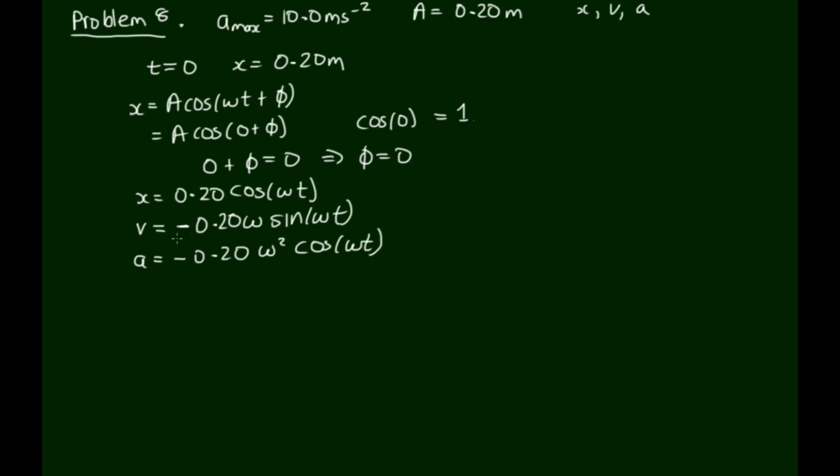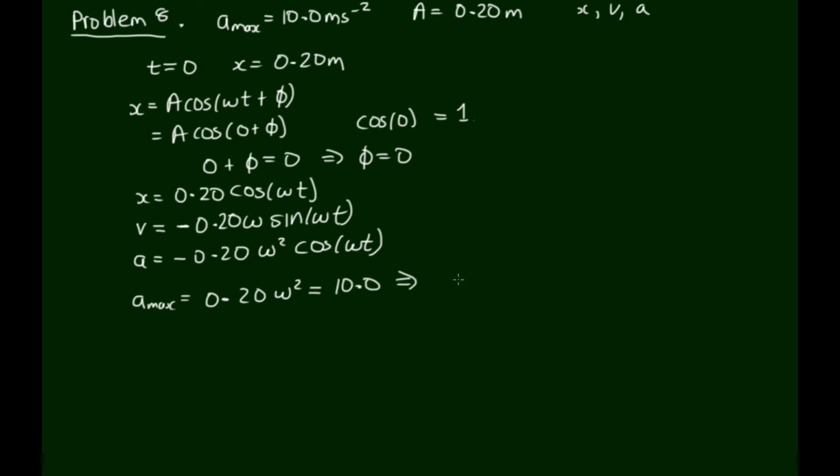And there is something that we know about this acceleration. We were told that the maximum acceleration is 10 meters per second squared. So the maximum value this can be is when cos omega t is 1. And so we've got a max is equal to 0.20 omega squared. And we know that that is equal to 10.